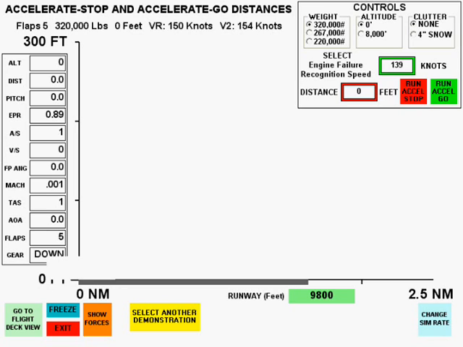Now let's consider a runway longer than the balanced field length. Consider a 9,800-foot runway and an engine failure recognition speed of 139 knots.